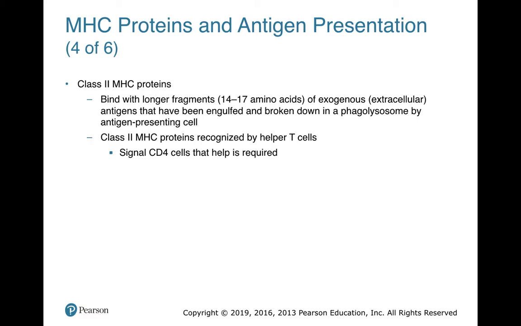And MHC class II proteins are recognized by CD4 positive cells, so T helper cells, and they signal that, again, self, the MHC class II is self, but foreign, the 14 to 17 amino acids in the midst of that MHC, activate helper T cells.